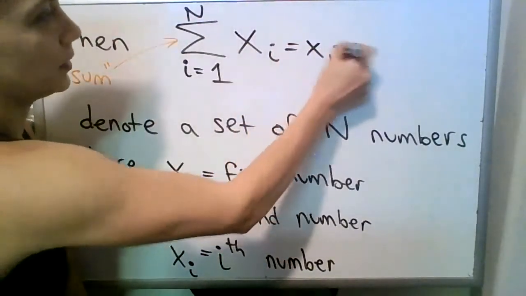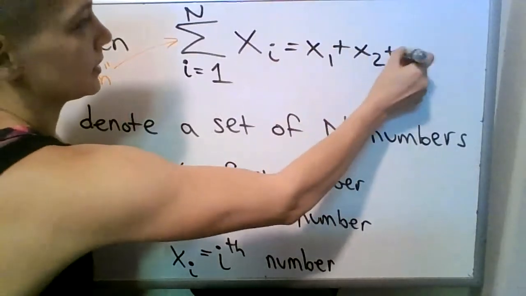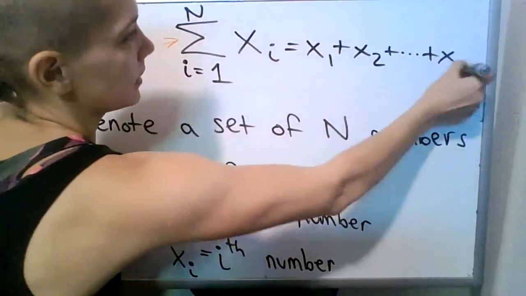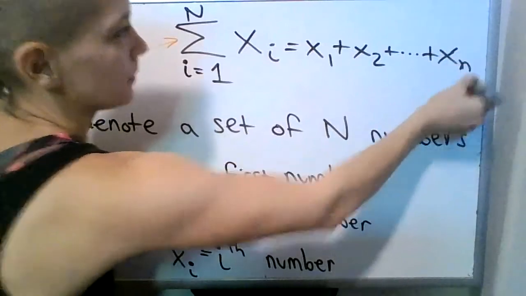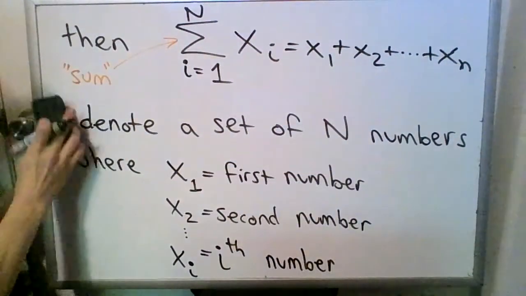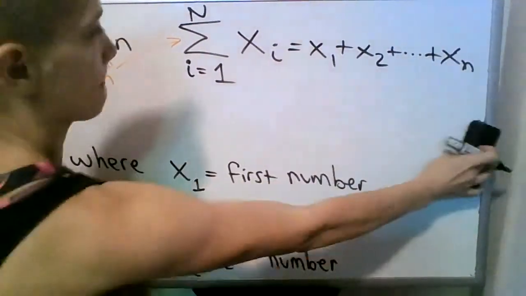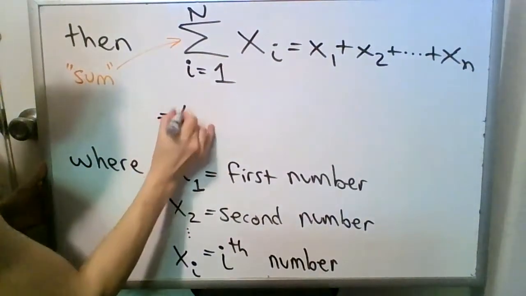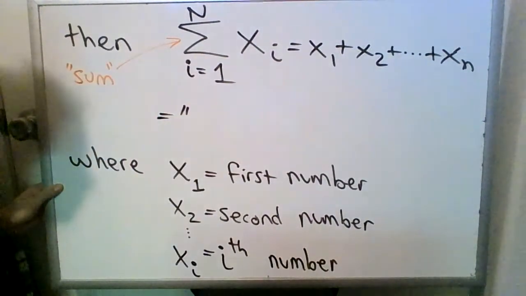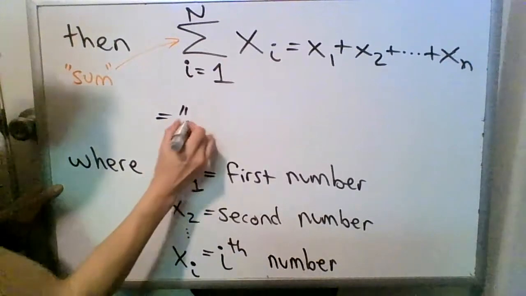So x1 plus x2 plus up to x sub n. In words, it means add all of your data values together.